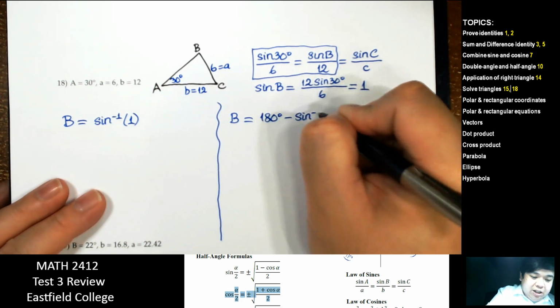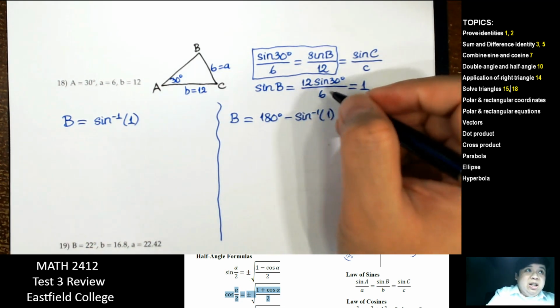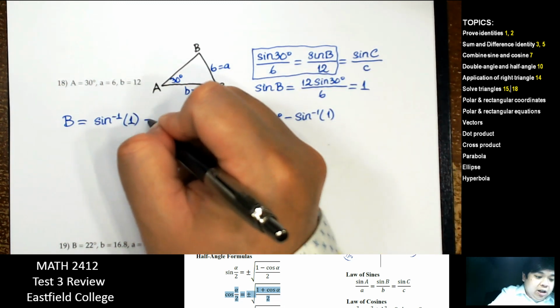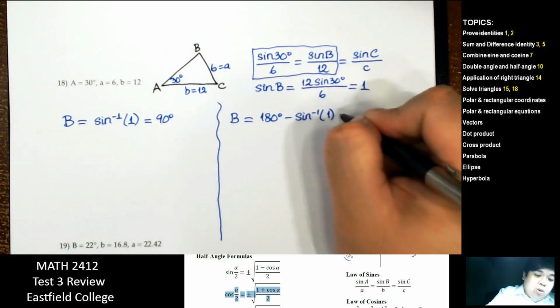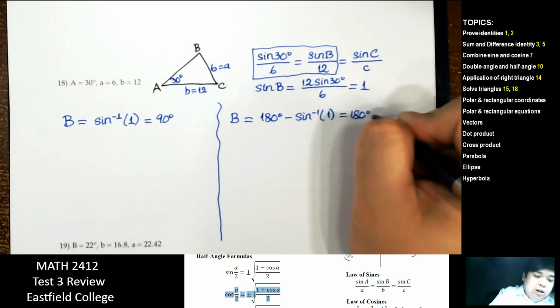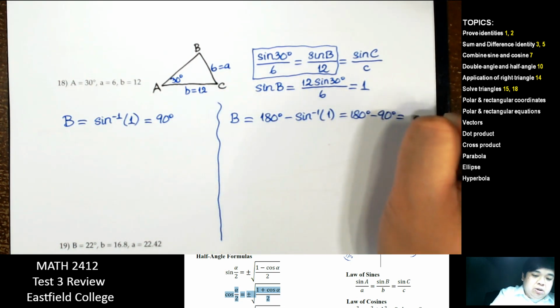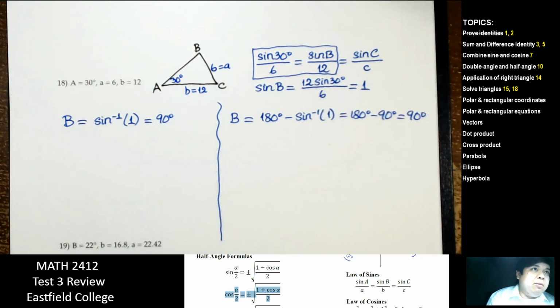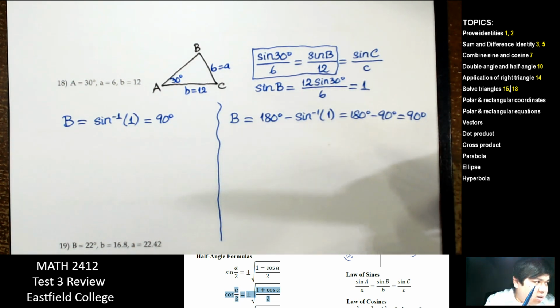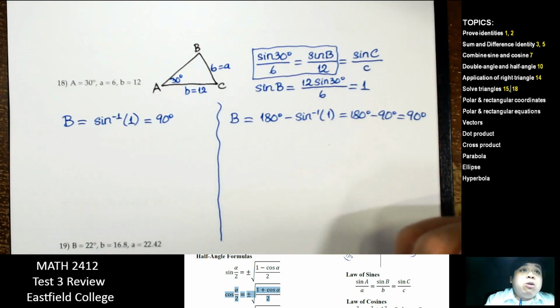Turn out to be not much different in this case. Sine inverse of 1 is 90 degrees, so 180 degrees minus 90 degrees is just 90 degrees. So both of these cases will be the same. So we pretty much have only one triangle in this case. I said it's not very special about this.